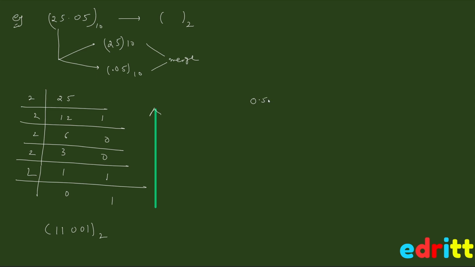Now I also need to convert 0.05. So what I'll do is multiply 0.05 with 2. That will be 0.10, and I'll take this 0 out. Then I'll multiply this 0.1 with 2, so I'll get 0.2. I'll take the 0 out. I'll multiply this 0.2 with 2, I'll get 0.4.